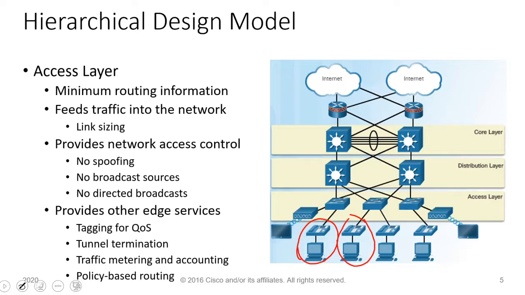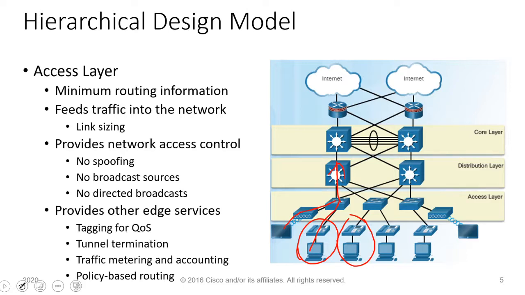And it would not do much routing at that point. It is mainly going to be switching applications at that access layer, and it is going to be mainly about collecting the traffic at this end and then forwarding it to the upper layer, the distribution layer.